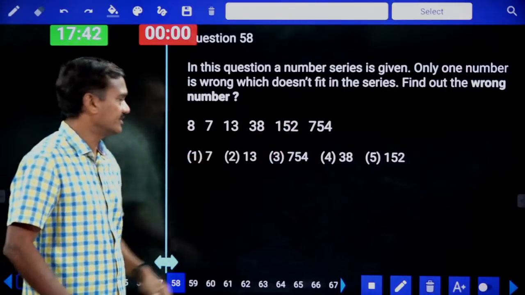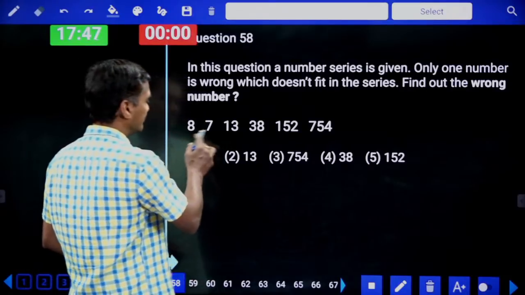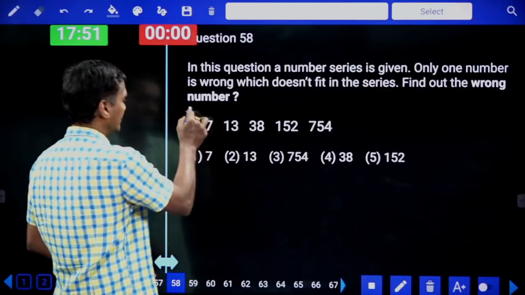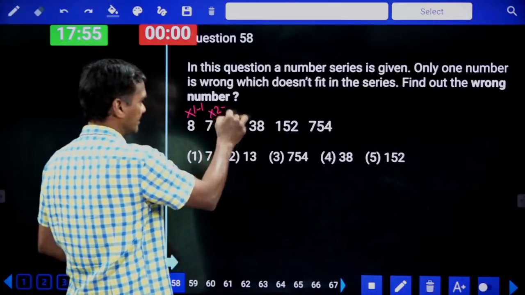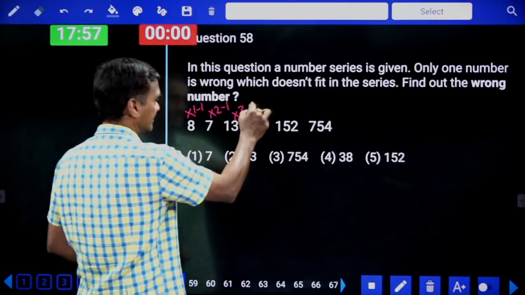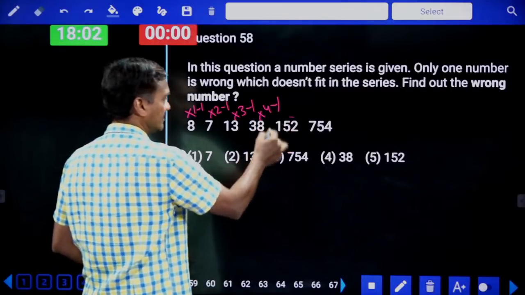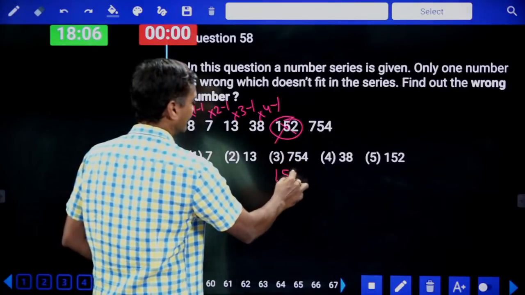Numbers are increasing at a very faster rate, hence it must be under product or combination. Product is not possible between these two, isn't it? There are no perfect multiples, hence it must be combination. Hence 8 into 1 minus 1, 7, and 13, 7 into 2, 14 minus 1, 13, 13 into 3, 39 minus 1, 38 into 4 minus 1, and so on. Here the last digit must be 1, hence 152 is the wrong number and 151 is the correct number.